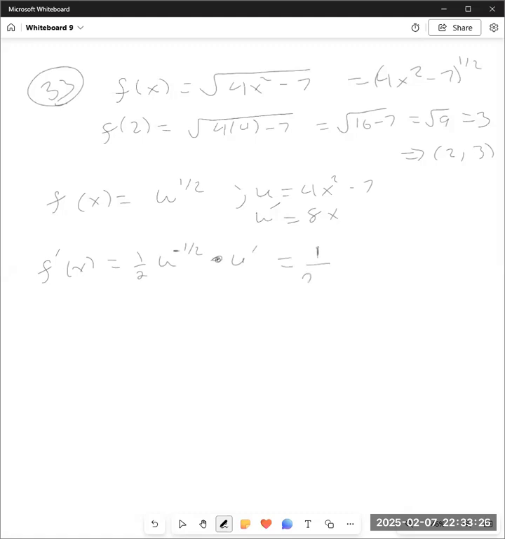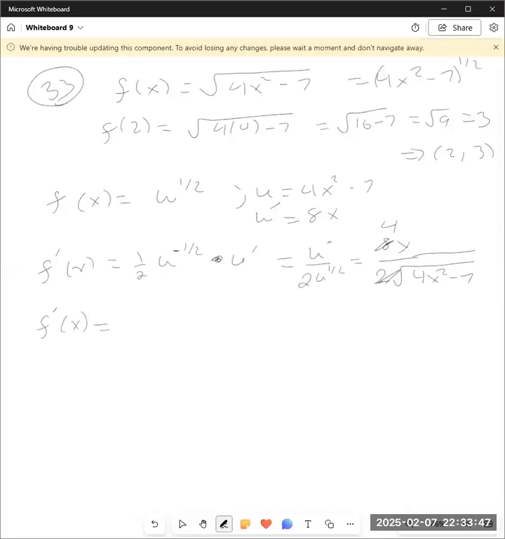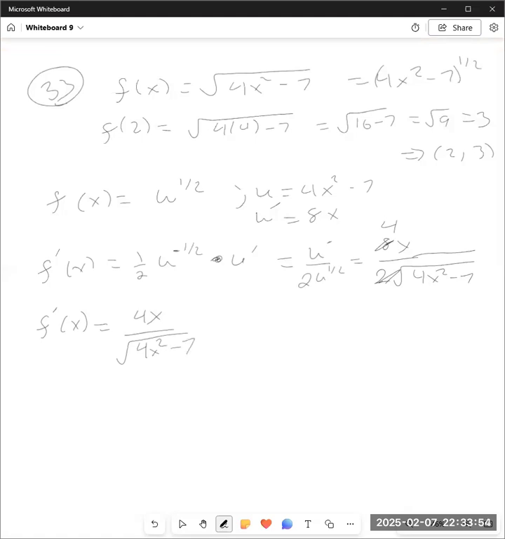It's 1/2 u to the 1/2 with a u prime in the top. u prime is 8x. 2 times the square root of 4x squared minus 7. 2 goes into 8 4 times. f prime of x is equal to 4x over the square root of 4x squared minus 7. Notice that this is the original f of x that's in the bottom now.